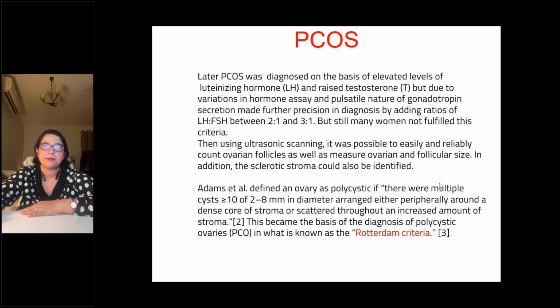According to Adam et al., the Rotterdam criteria define the ovary as polycystic if there are multiple cysts, 10 or more in number, of 2 to 8 millimeters in diameter, arranged either peripherally around a dense core of stroma or scattered throughout an increased amount of stroma. This became the basis of the diagnosis of polycystic ovary, now known as the Rotterdam criteria, also known nowadays as the polycystic ovary syndrome criteria. Next slide, please.